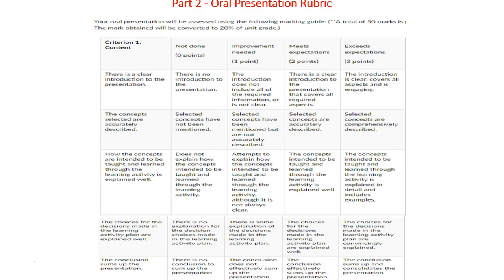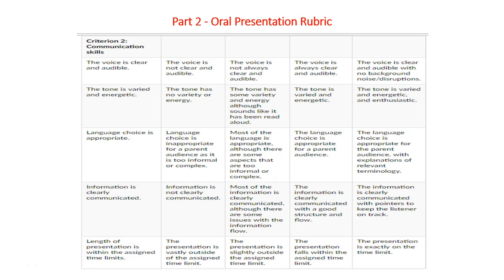We're really interested to know how you're going to use your lesson to make sure the students are going to learn something from it, and it's not just that tokenistic lesson which I spoke about previously. The choices for the decisions made in the learning plan are explained well, and you've got a really clear conclusion. We listen to what you've done in your oral presentation, and then we assign a grade according to those criteria.